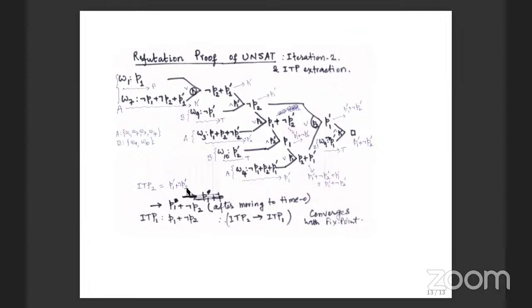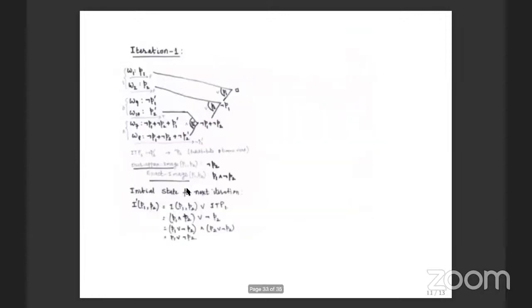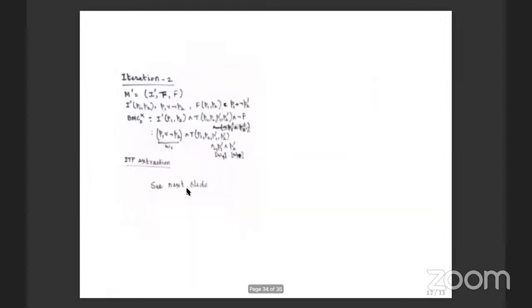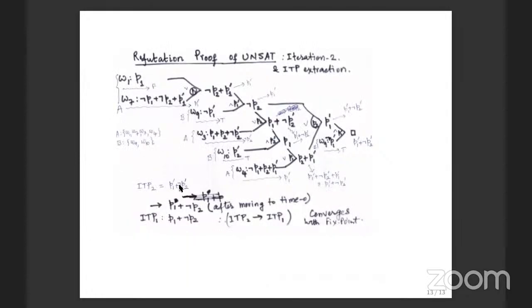By the way, note this: when you construct the interpolant, it will be in terms of these primed variables. But before you take a union of the interpolant with the initial state, you will have to move it into the 0 time frame, because the initial predicate is a Boolean function on the initial state.